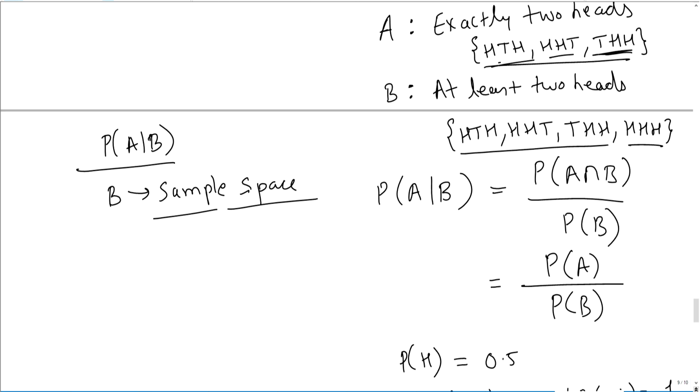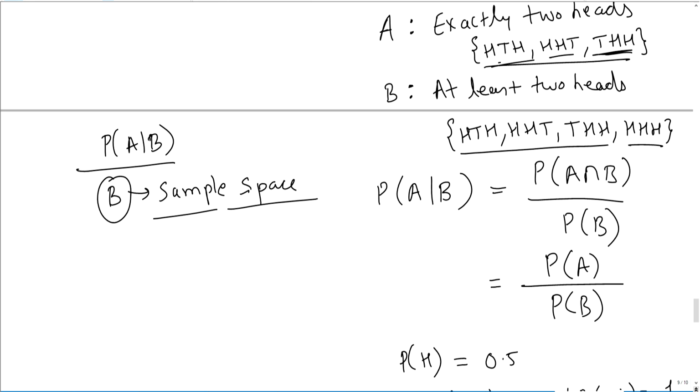Then you do not need to apply this formula at all, you just assume that B is your sample space and then calculate the probability of A. So, calculating the probability of occurrence of event A given that B is your sample space means actually the same thing as asking what is the conditional probability of A given B.